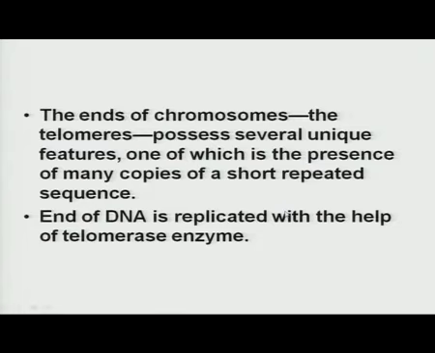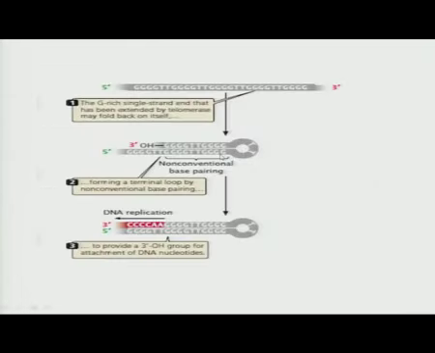Again, this telomerase will move ahead, will provide the template, and this 3' end will be elongated. And this elongated 3' DNA strand will form a hairpin structure like this. Now, when this hairpin structure gets folded, it provides a 3' end, and with this 3' end the other strand will be copied and that gap will be filled up, and this is how the telomerase helps the telomeres, the end of the chromosome, to get replicated.